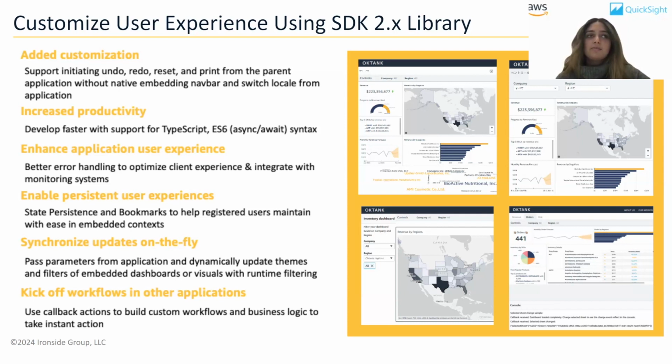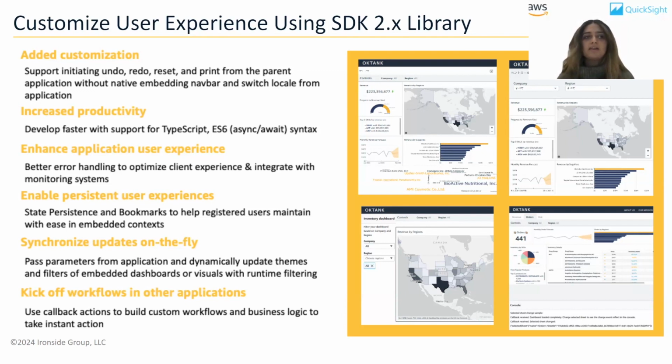You can also enable runtime filtering and theming. So even in addition to being able to hook externally to those print as well as those undo redos, we've now made it possible where you can enable a night mode. And so you can set it based off of a trigger, or even by clicking on a specific button and have it switch between different views and themes based off of what you want your viewers to be able to see. You can even do it, for an example, if you have different types of customers who are viewing that dashboard.